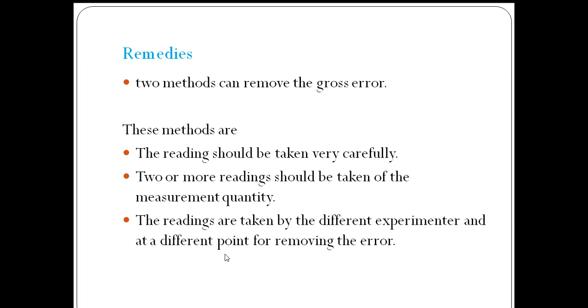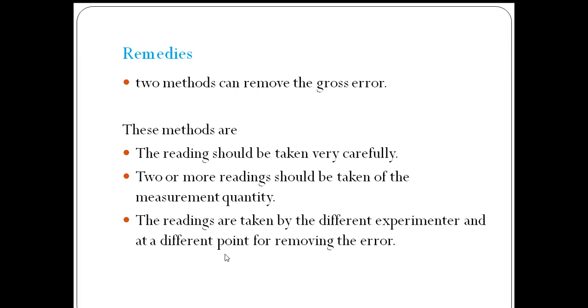To remove gross error, we have to take two methods into consideration. First, the readings should be taken very carefully. While taking the readings, the observer has to be very alert. Second, two or more readings should be taken of the measured quantity.